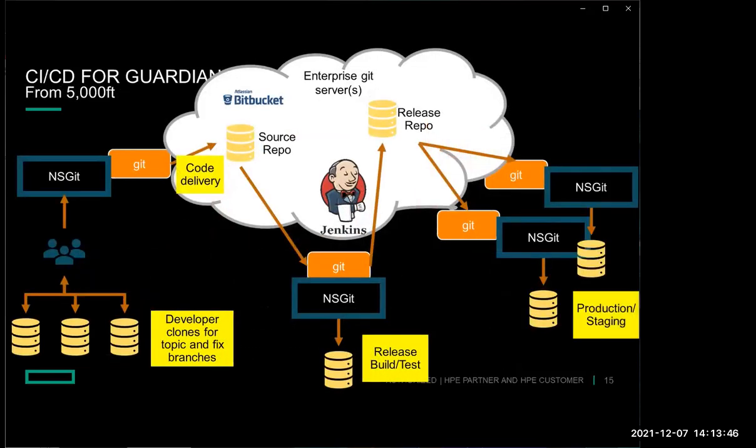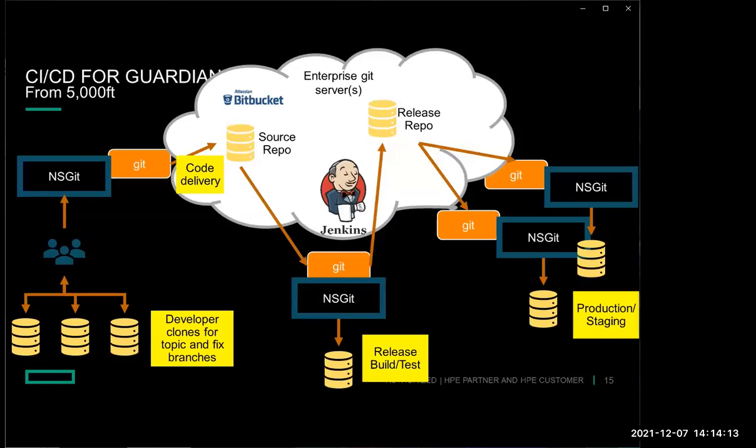Now at the 5,000 foot level, let's say the development manager or the detailed architecture level of this, we're starting to see a lot of the individual pieces. And what we've got on the developer side is the developer clones, and these are copies of the application, whether they're per developer or per team, per environment.